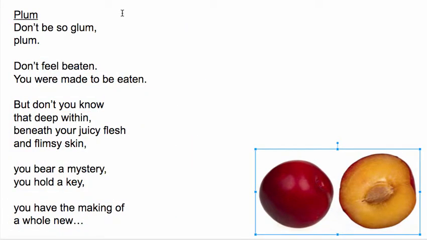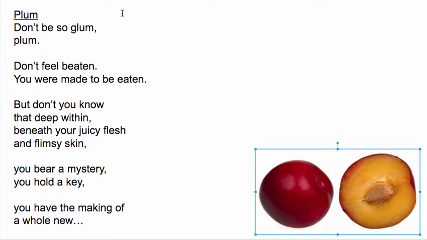Alright, so some of the things that I notice are that this is a plum. I just showed you a picture of the plum, and it is a fruit. And what's in the middle of the fruit? There's a seed. So I want us to go back in the poem, read it again, and this time I want you to think about this as being a fruit.